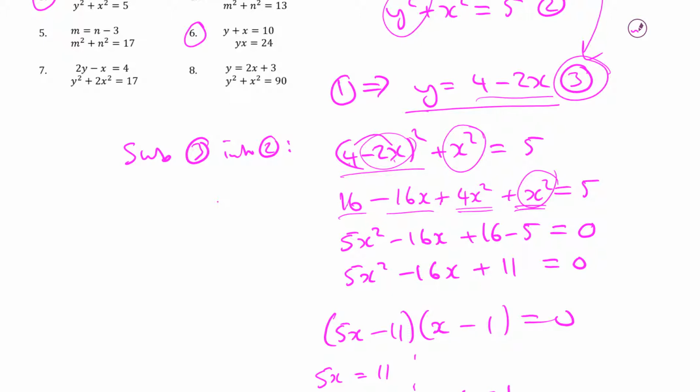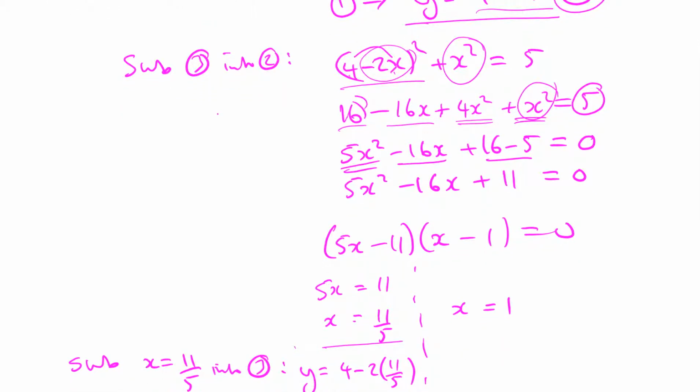Okay, so you got 5x squared, yeah? And you got minus 16x, and you got the 16, and the 5 goes the other side. You got 16 minus 5, which is 11. So 5x squared minus 16x plus 11 equals 0.